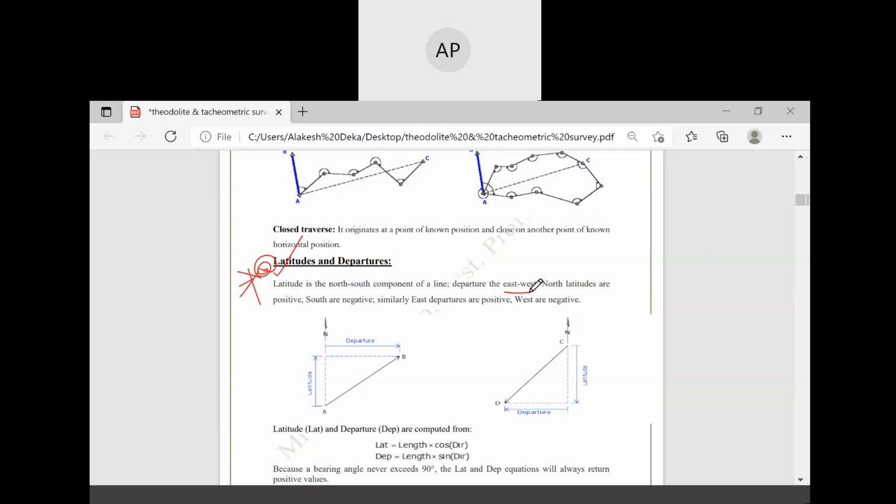So these are the directions actually. North latitudes are positive and south are negative. So for that you should know the diagram. That is north, that is south, that is east and west.